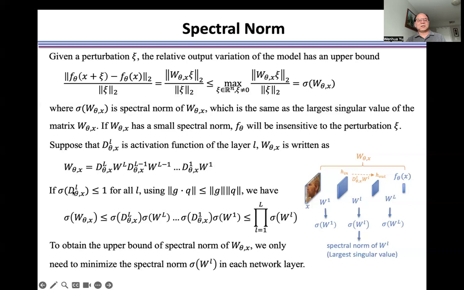If sigma of D is smaller than or equal to 1 for all l, using the inequality here, we have this spectral norm sigma smaller than the product of the spectral norms for each layer l. To obtain the upper bound of the spectral norm of W, we only need to minimize the spectral norm sigma in each network layer here.